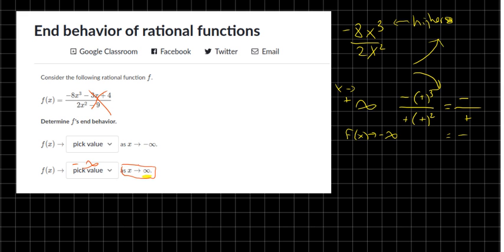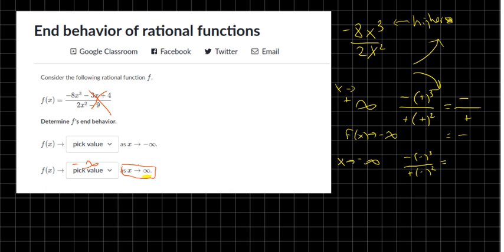And let's see what happens when x approaches negative infinity. I'm going to have a negative number cubed times a negative number, divided by a negative number squared times a positive number.